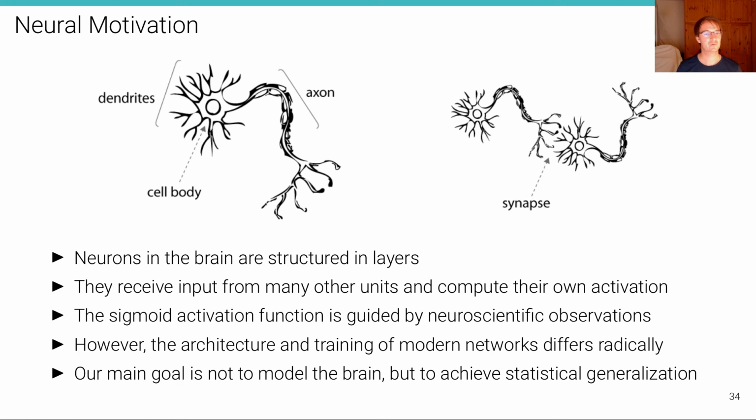We want to have models that perform well. We are inspired by the brain, but we don't want to replicate the brain. We want to rather develop models that work well, that generalize well, that work well with little data, etc. And this is where neuroscience deviates from deep learning.